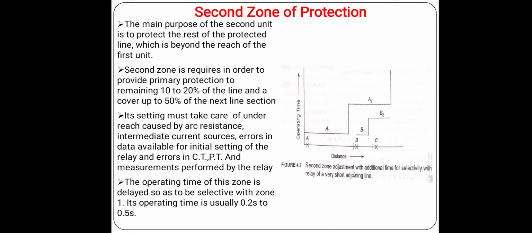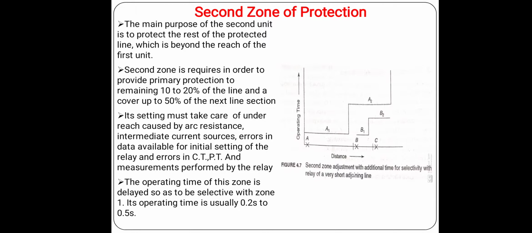Now here again a new term is used, underreach. What is meant by underreach? Underreach is also caused by intermediate current sources, errors in data available for the initial setting of the relay, and errors in current transformers and PTs and in measurements performed by the relay. Due to this, the underreach situation occurs.